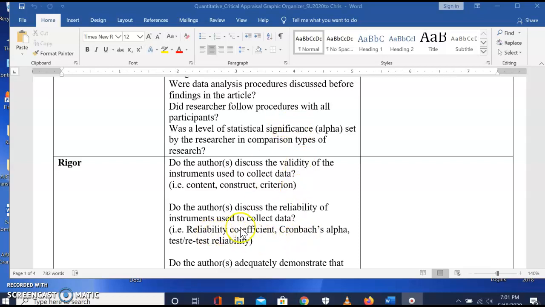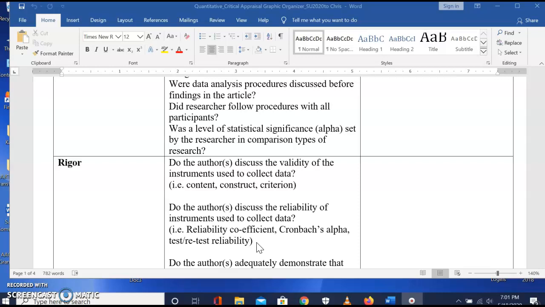And if you're looking for reliability, the tests of reliability are listed here, such as a reliability coefficient, Cronbach's alpha, test-retest reliability. You could also have terms such as inter-rater reliability. We do that as teachers when we compare how we grade people's assignments to make sure that we're grading them fairly for you.